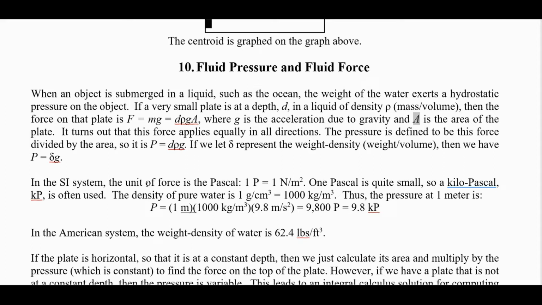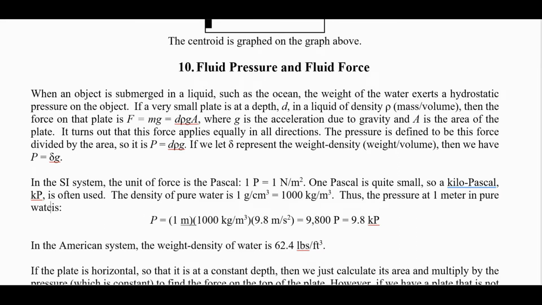Thus, the pressure at 1 meter depth in pure water is 1 meter times 1,000 kilograms per cubic meter times 9.8 meters per second squared, which is 9,800 Pascals, or 9.8 kilopascals. So it increases by 9.8 kilopascals every meter you go down.